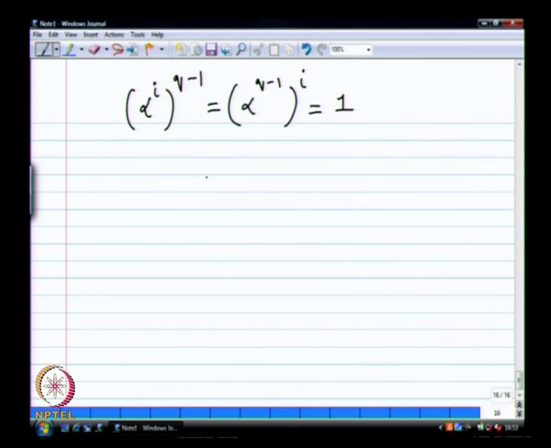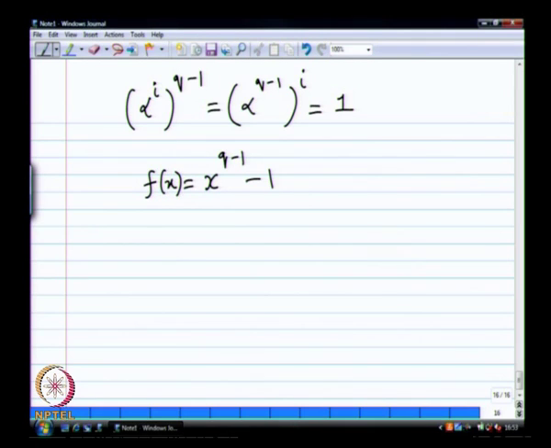So, if you look at the polynomial, let us look at the polynomial f of x equals x power q minus 1 minus 1.